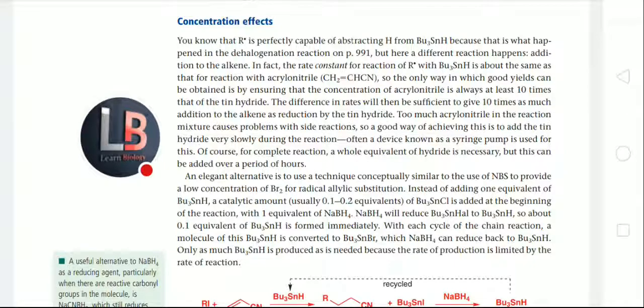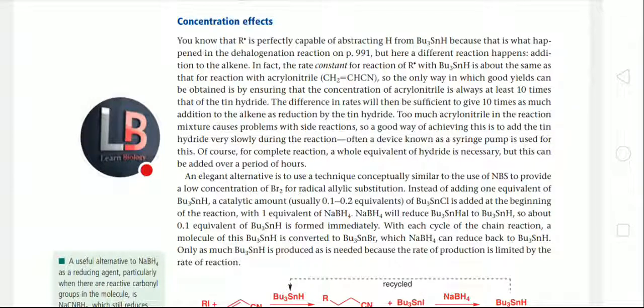period of hours. An elegant alternative is to use a technique conceptually similar to the use of NBS to provide a low concentration of bromine for radical allylic substitution.